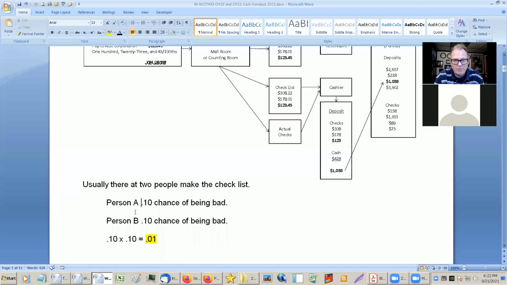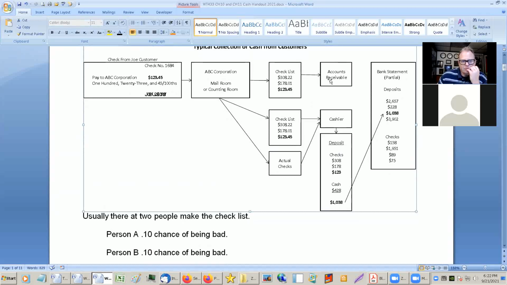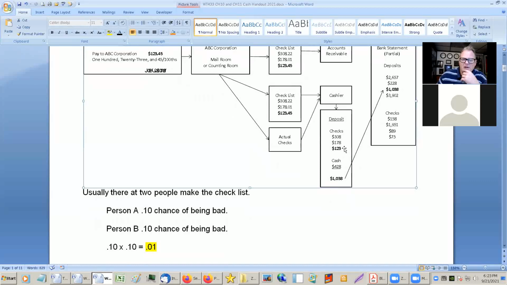Then we would take the checks and the list, and one list goes to accounts receivable. Where I was at, it'd be loans receivable, as a bank. And then we would take the checks and the checklist down to the cashier, and the cashier would put them in with the other deposits for the day and make a deposit slip.